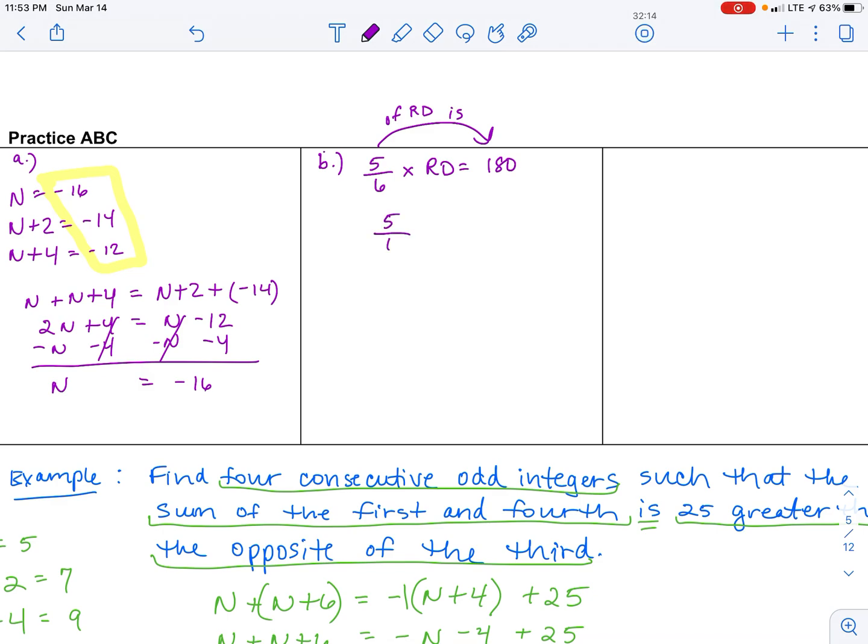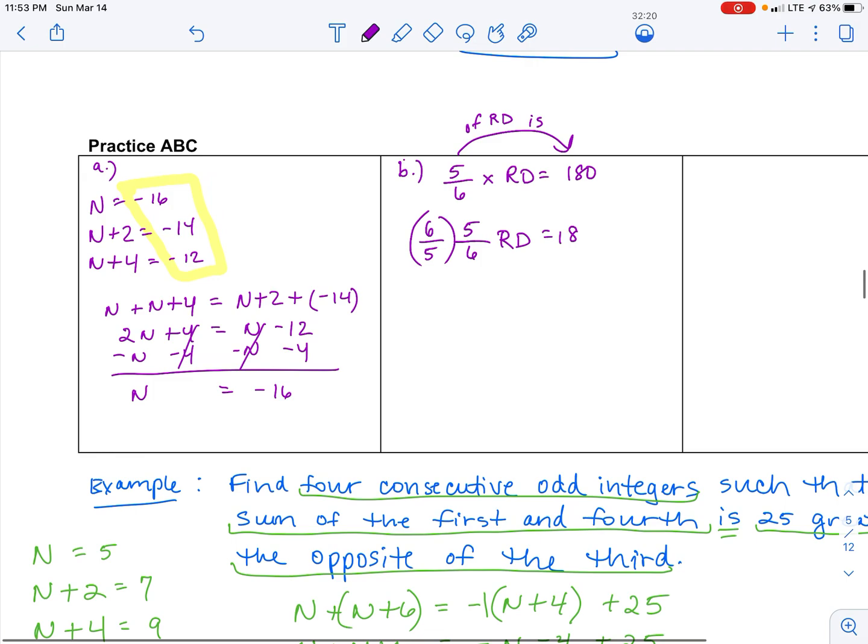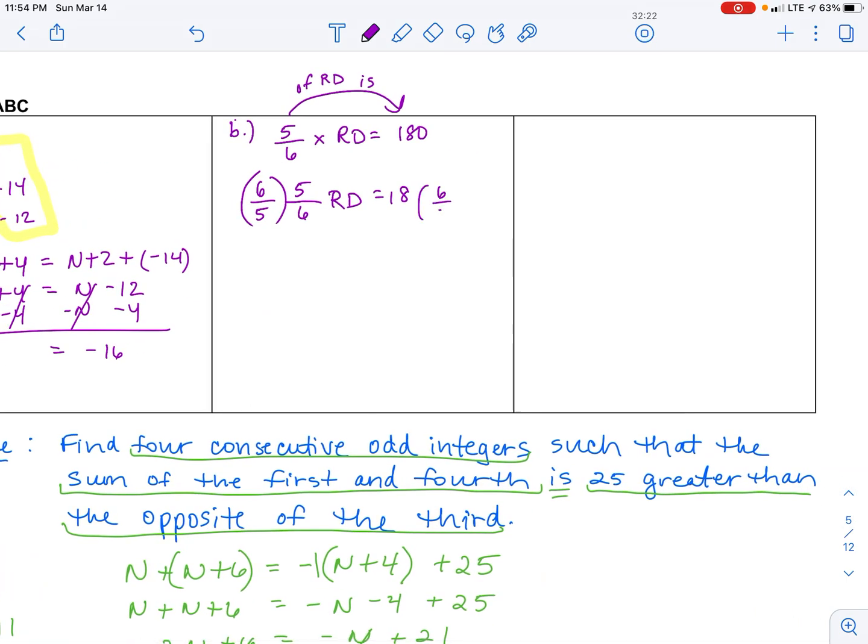So we can figure this out. I'll remove the times sign because I don't really need it there. Multiply by the reciprocal of 5/6. And the required distance, when you do your math on this, should be 216 yards.